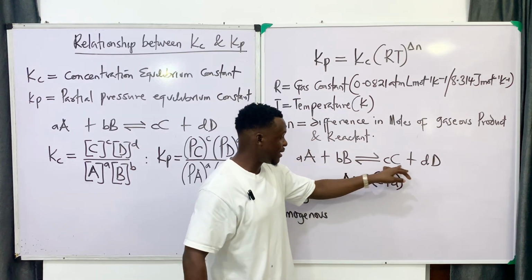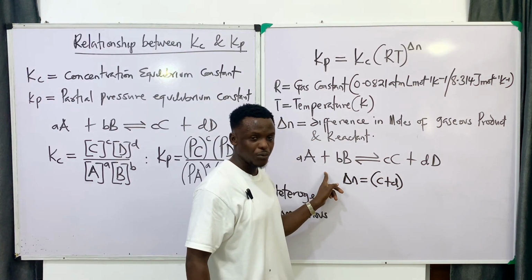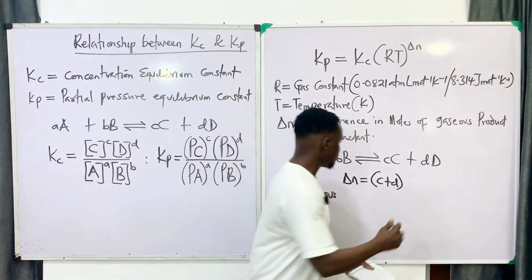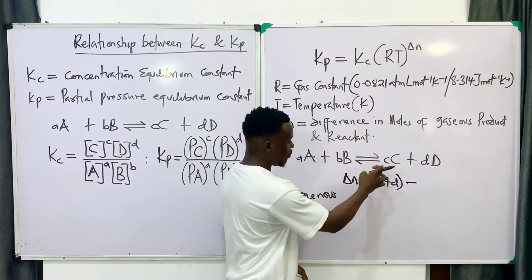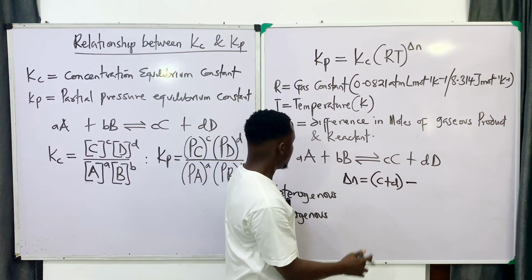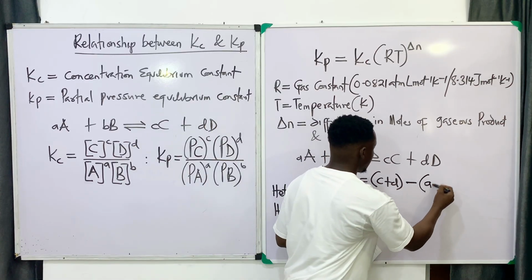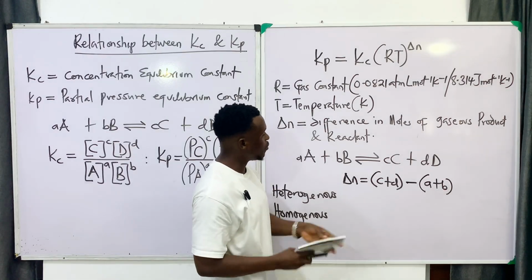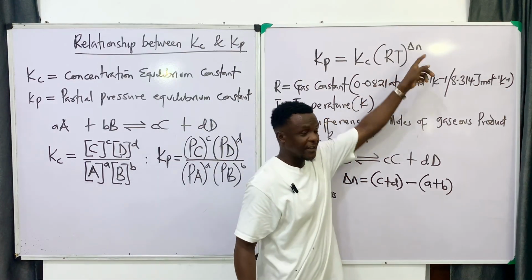Anytime they don't write the state of a reactant or product, you take it to be gas. So this is minus the reactant. The moles of the product is C plus D, and the reactant is A plus B. So that is how we are going to get this delta n.